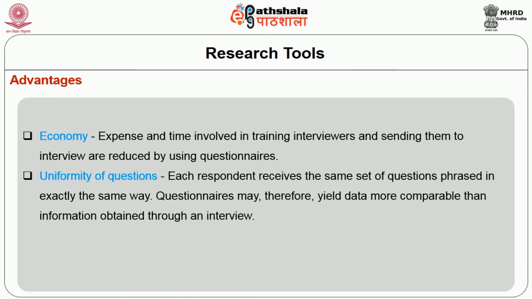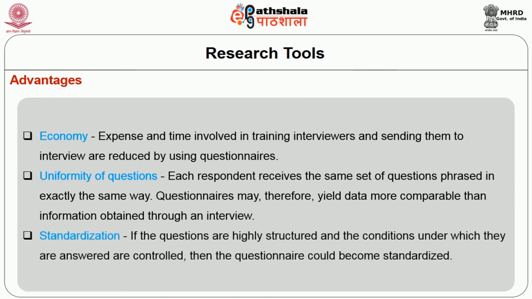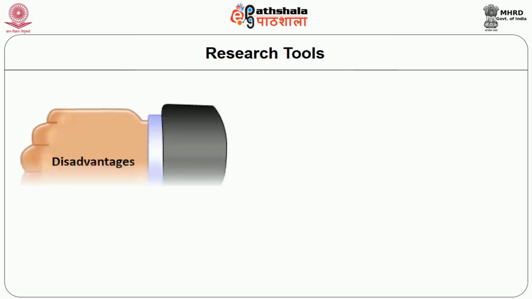There is uniformity of questions. Each respondent receives the same set of questions phrased in exactly the same way. Questionnaires may therefore yield data more comparable than information obtained through an interview. Standardization: if the questions are highly structured and the conditions under which they are answered are controlled, then the questionnaire could become standardized.